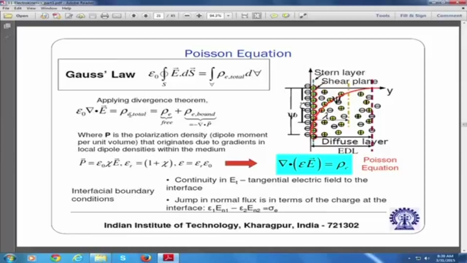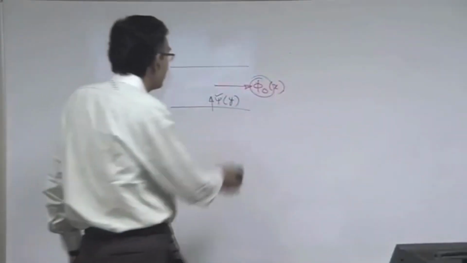The bound charge density is defined as minus the divergence of a vector called the polarization density vector P, where P is the polarization density, or the dipole moment per unit volume, that originates due to gradients in local dipole densities within the medium. Now let me try to work out the little bit of algebra involved with this on the board.